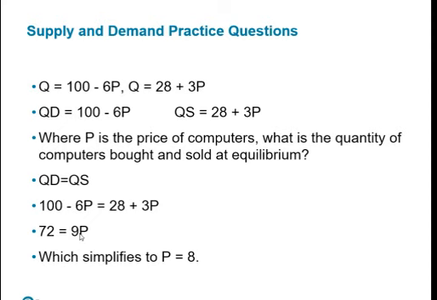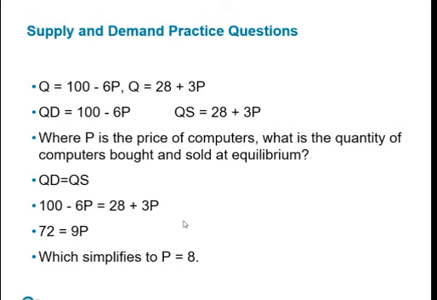We have to find price, so we have to separate this 9 from P. 9 is multiplying with P, and according to the mathematical rule, if a number is multiplying on one side and we transfer it to the other side of the equation, it reverses its operation, so it will divide on the other side. So when we divide 72 by 9, we get the equilibrium price, P equals 8.